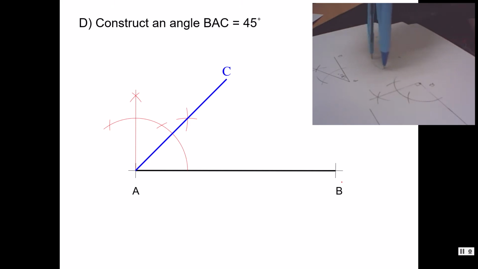Then after that, you got these two circles from up here, and then draw another arc from this to touch this to get the point here. We want to get the first point that is perpendicular to A, which is 90 degree.